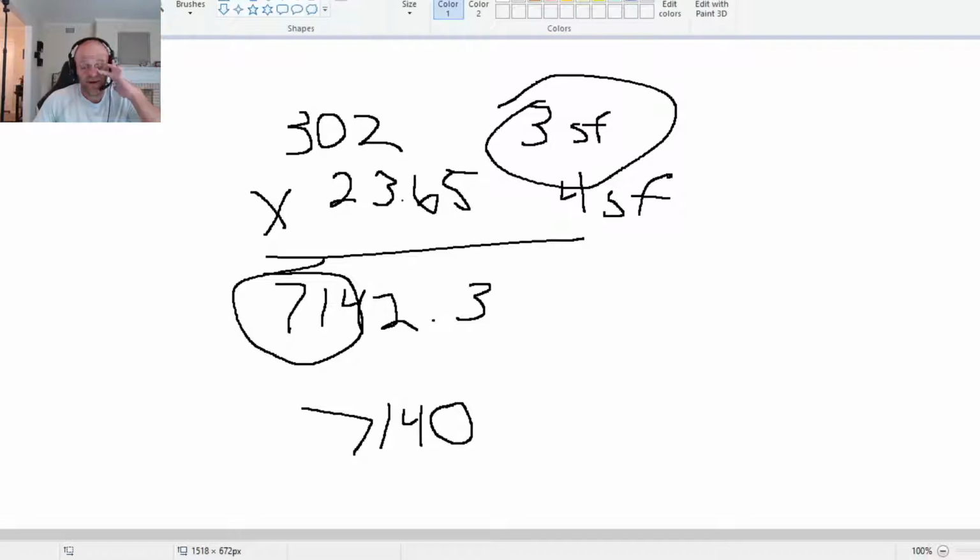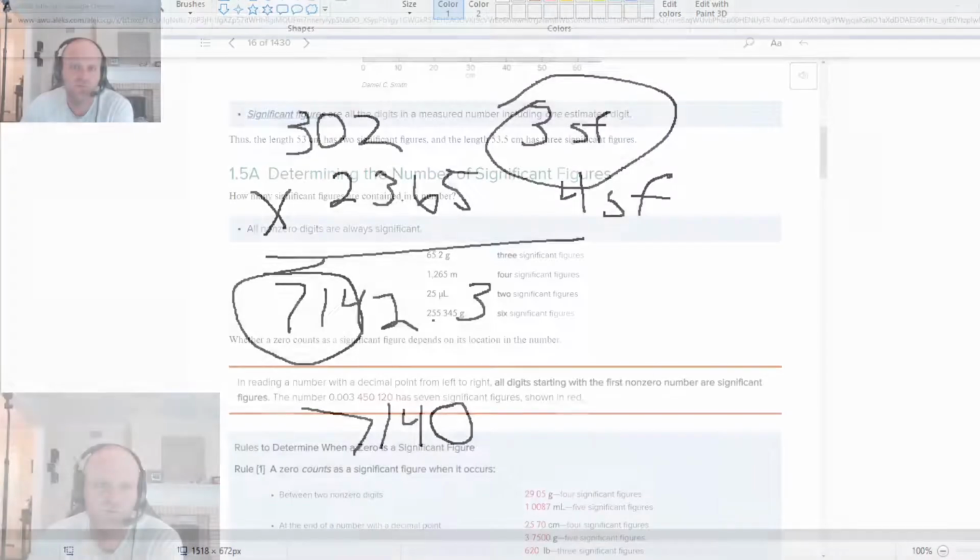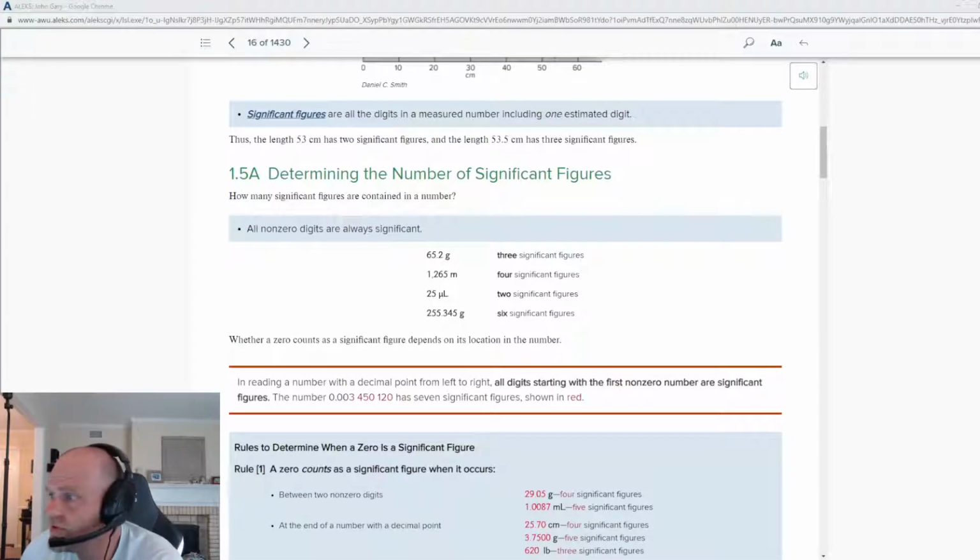But I hope everybody gets the gist of what I'm trying to do here. You'll have a few problems like that, adding and multiplying significant figures, and their program's going to require you to have the correct number of significant figures. Alright, so let me go back to the text.